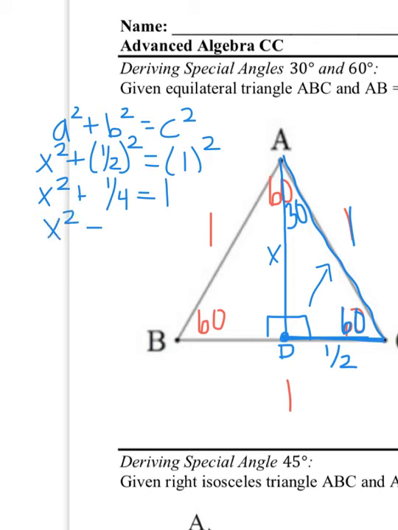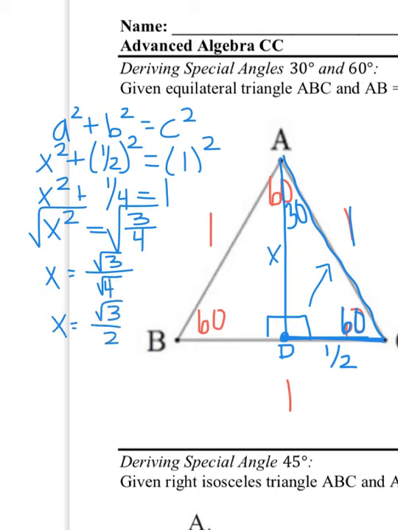Subtract the 1/4. 1 minus 1/4 is 3/4. And then you take the square root. So x is equal to the square root of 3 divided by the square root of 4. Square root of 4 is 2. Square root of 3 you can't do anything with. So x is going to be the square root of 3 over 2.